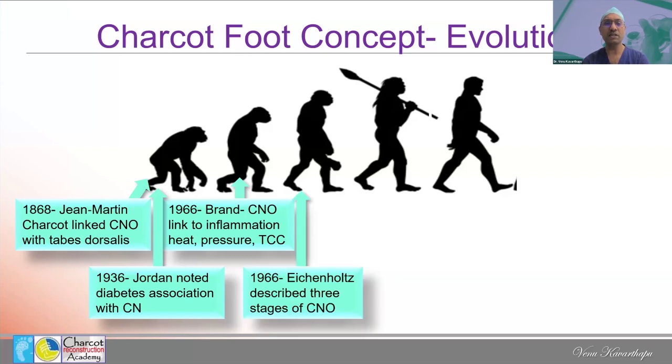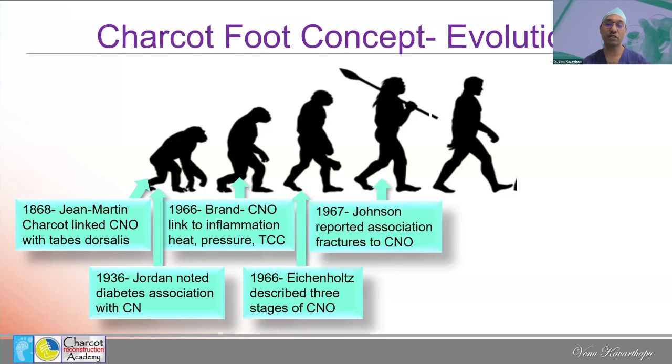Around the same time, in 1966, Eichenholtz described the radiological progression of acute Charcot neuropathy. And very interestingly, around that time, a surgeon from the US, Johnson, reported the association of fractures with Charcot neuropathy, and also reported in much detail the outcome of surgical interventions.